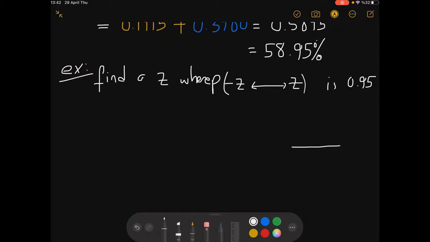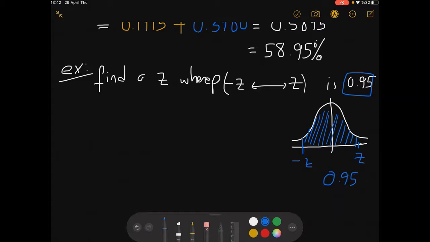Okay, this is a rather interesting question here, another type. It means that we will have a particular z here and minus z here, and from this part to this part the area should be 0.95.